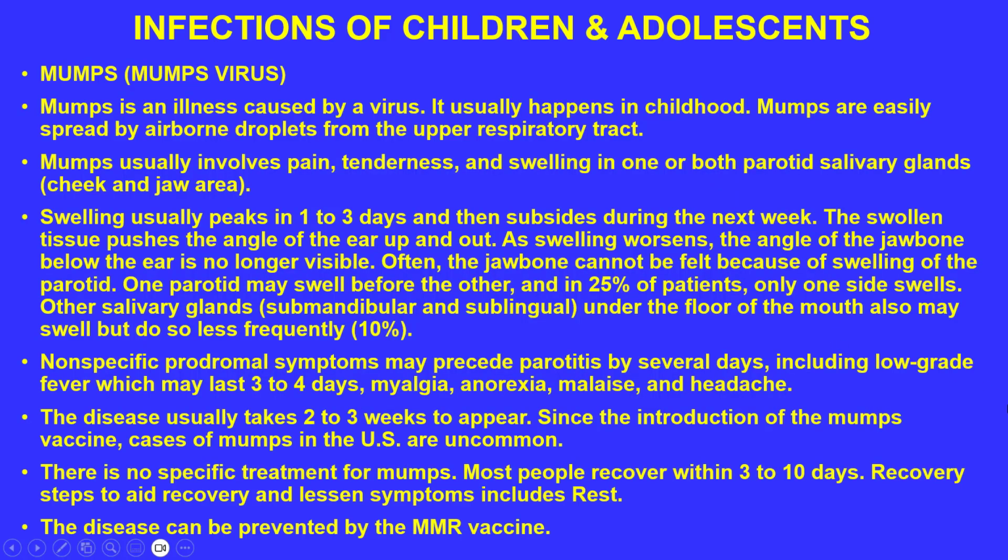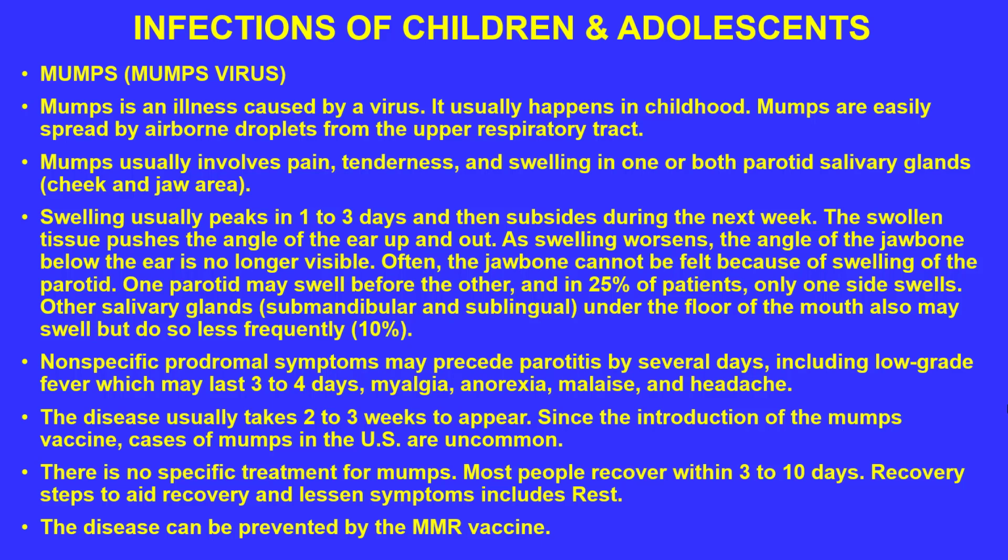Now let's go to mumps. Mumps virus. So the mumps is an illness caused by a virus that usually happens in childhood. Mumps is easily spread by airborne droplets from the upper respiratory tract. Mumps usually involves pain, tenderness, and swelling in one or both of the parotid salivary glands, the cheek and the jaw area.